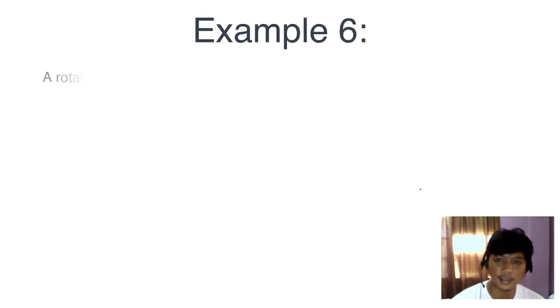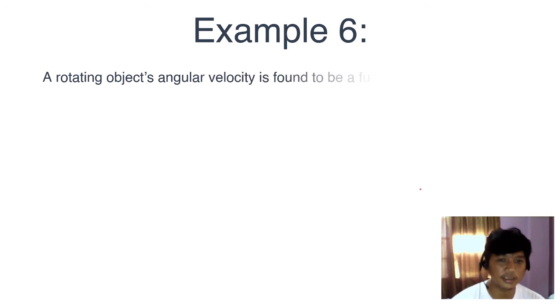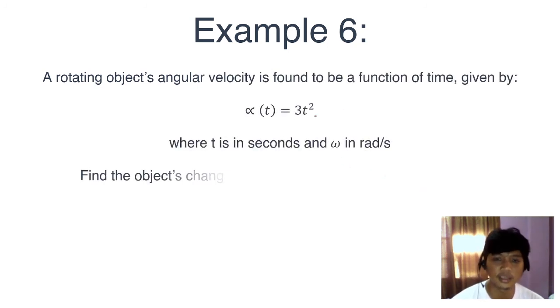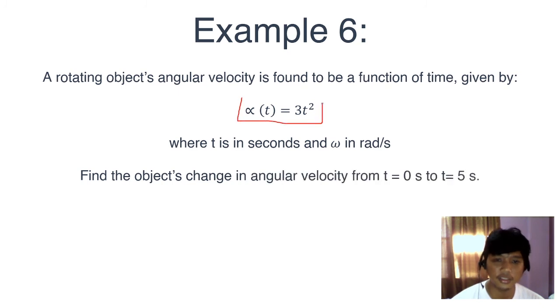Let's see an example. A rotating object's angular acceleration as a function of time is equal to 3t squared, where t is in seconds and omega is in radians per second. This is parabolic again. Find the object's change in angular velocity from t equals 0 to t equals 5.